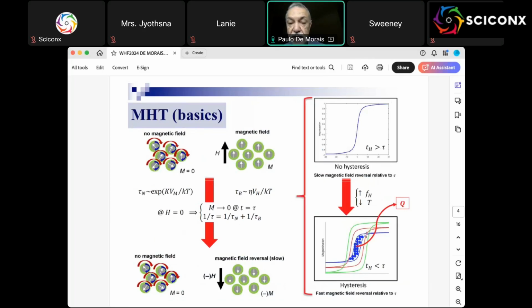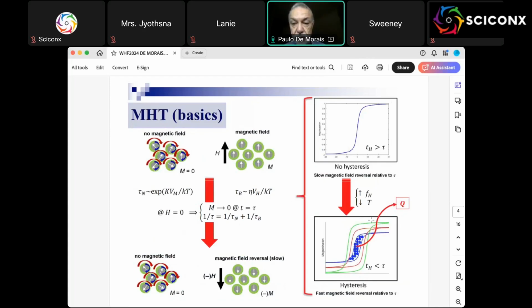So the hysteresis has a cycle with an effective area inside the cycle. And this area provides you the mechanism of the magnetic hyperthermia. The area here scales with the amount of heat the nanoparticles can deliver to the site where they are located. So this is the basic mechanism of magnetic hyperthermia.